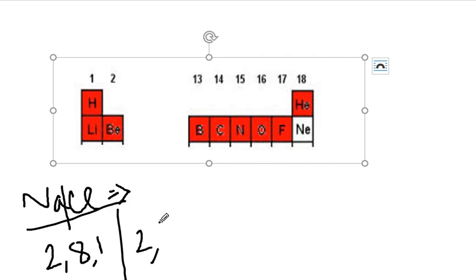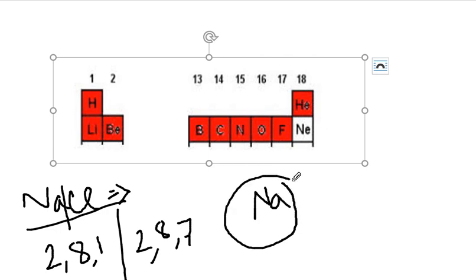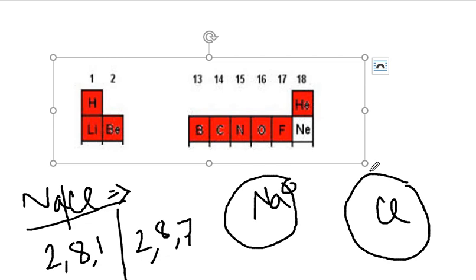Like this if I break it down, for sodium, if I draw, only one electron is there like this, and chlorine has 7 electrons in the last shell, like 1 2 3 4 5 6 and 7.